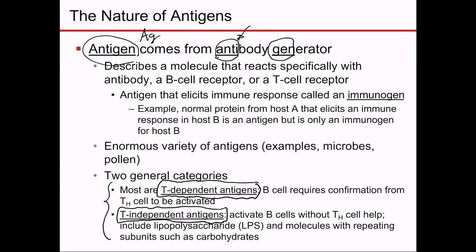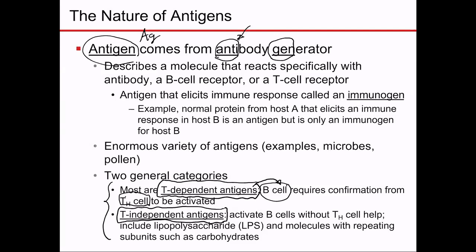T-dependent antigens are antigens that when the naive B cell is recognized by that antigen and interacts with that B cell, the B cell that is responding to that antigen will require the help from T helper cells.